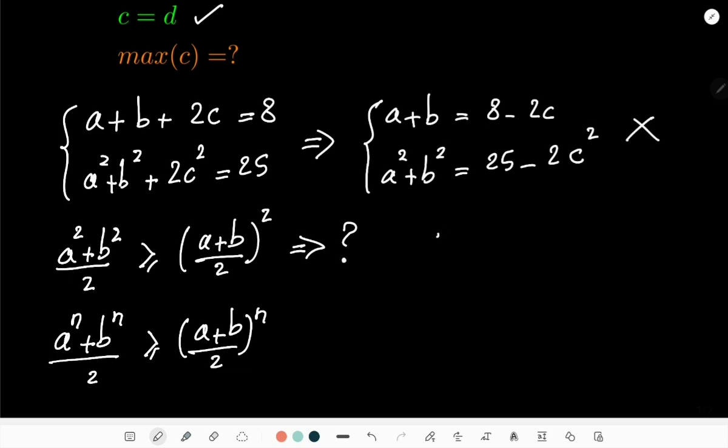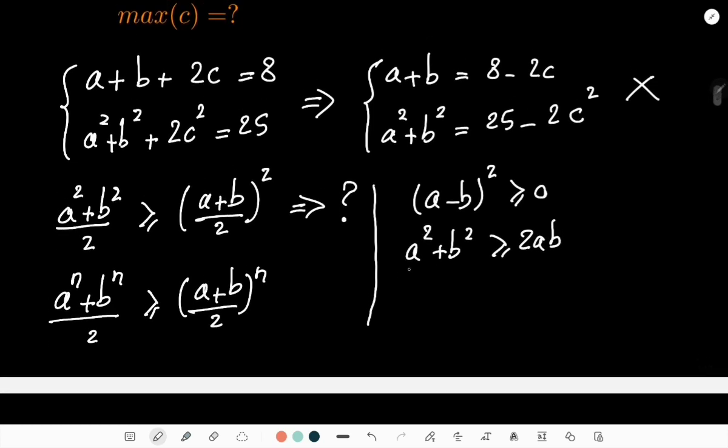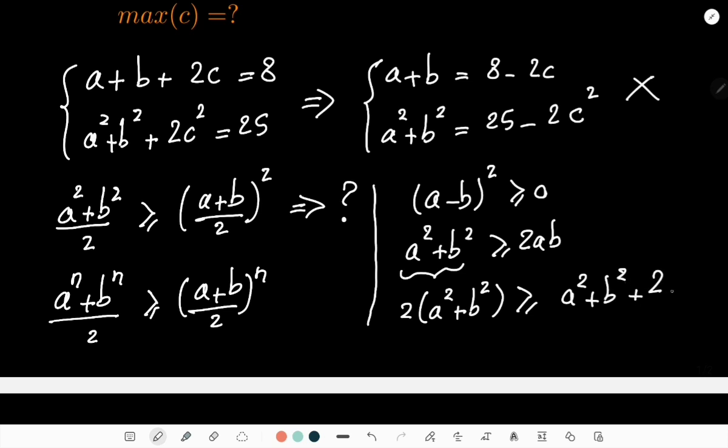So we know that a minus b squared is always greater than or equal to 0. Okay? So this basically gives me a squared plus b squared is always greater than or equal to 2ab. And if so, in this inequality, if I add both sides by this term, I get 2 times a squared plus b squared is greater than a squared plus b squared plus 2ab.